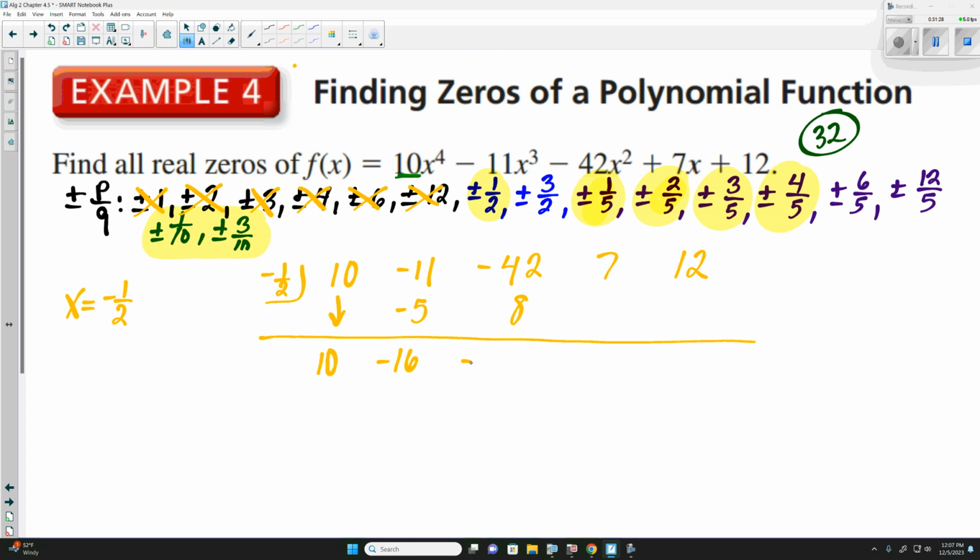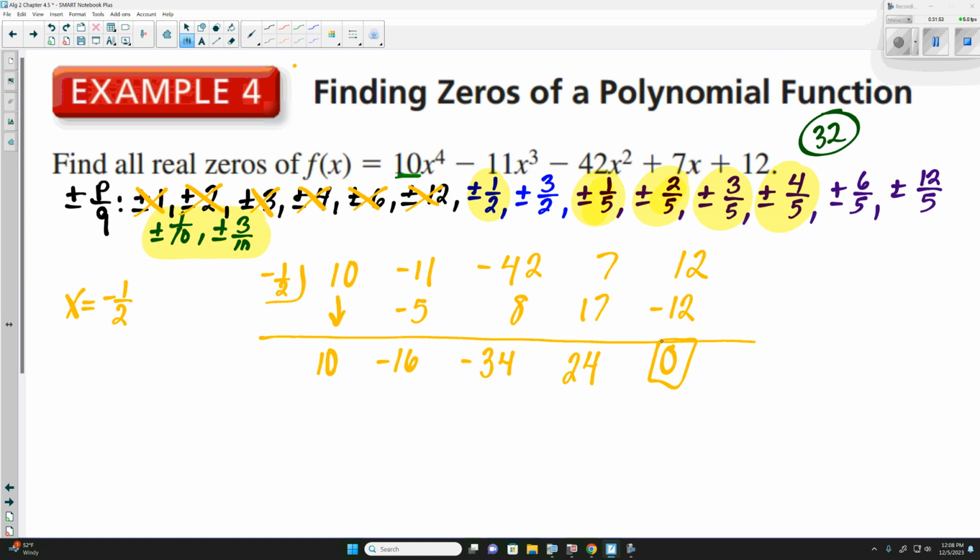Negative 42 plus 8 is negative 34. Negative 1/2 times negative 34 is going to give us positive 17. 7 plus 17 is positive 24. And negative 1/2 times 24 is negative 12, giving us a 0.